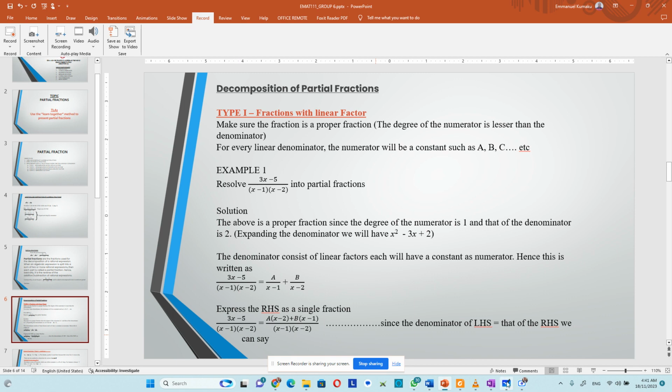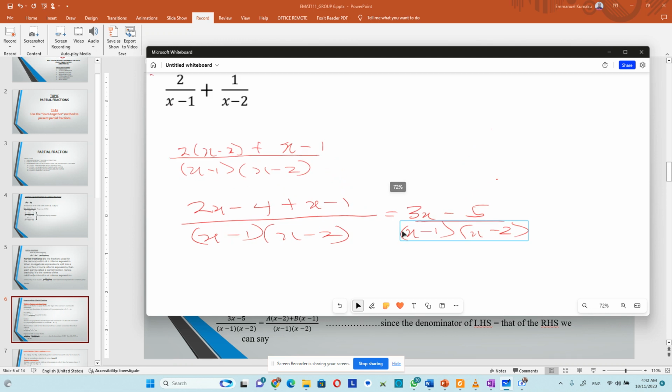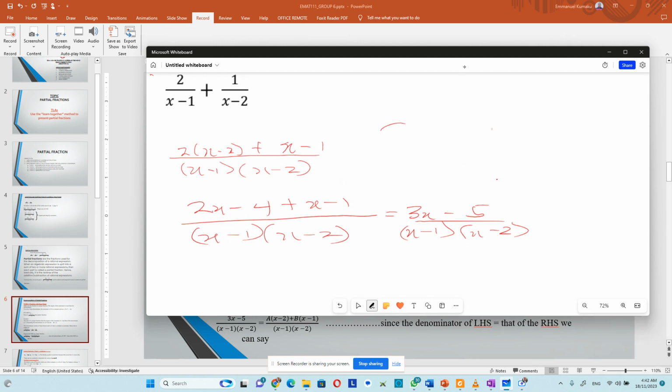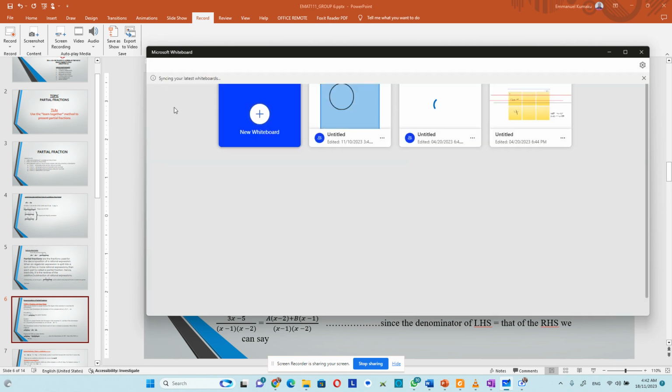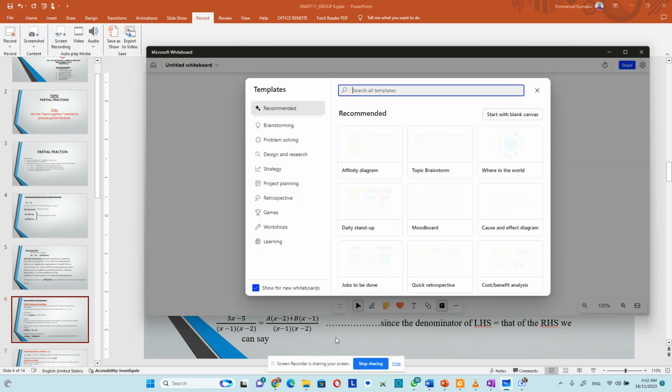When we talk about a linear factor, we are talking about a factor in the form ax plus b, like the equation of a straight line. The highest power of x is supposed to be 1. That is called a linear factor.